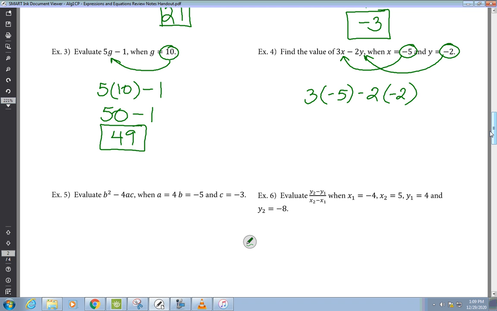So if we work it out, 3 times negative 5 is negative 15. Minus 2 times negative 2 is negative 4. And then we solve out the problem. So remember, subtraction. So keep, change, change. Negative 15 plus 4, negative 11.